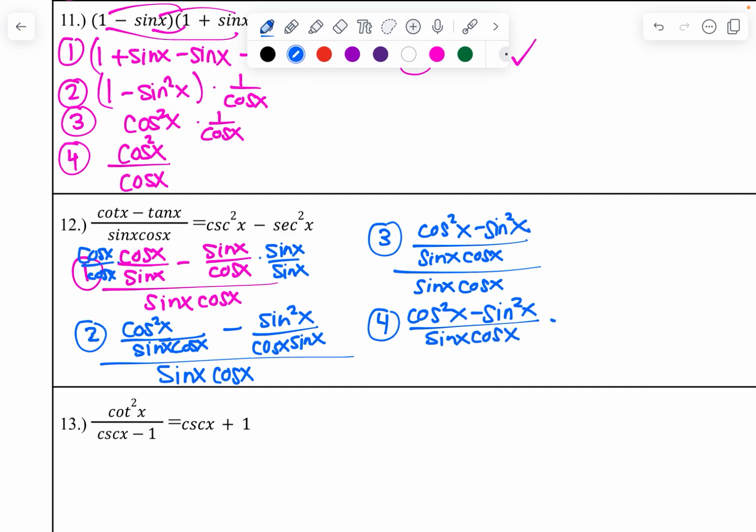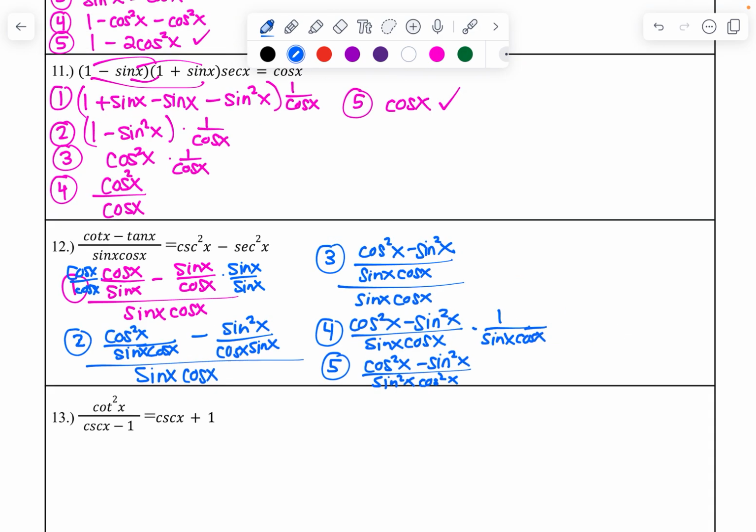And rather than dividing by sine of x cosine of x, we're going to multiply by its reciprocal, which would be 1 over sine of x cosine of x. So we will have cosine squared x minus sine squared x over sine squared x cosine squared x.